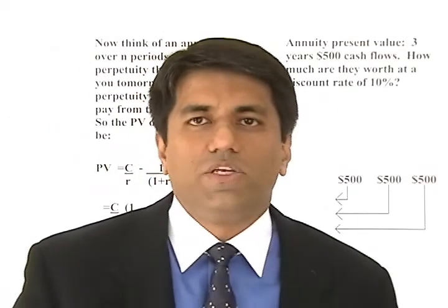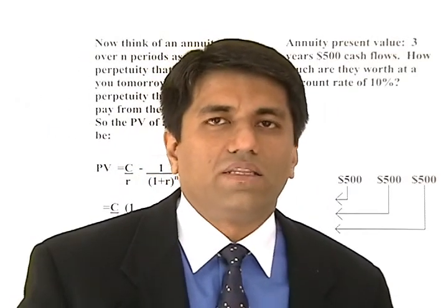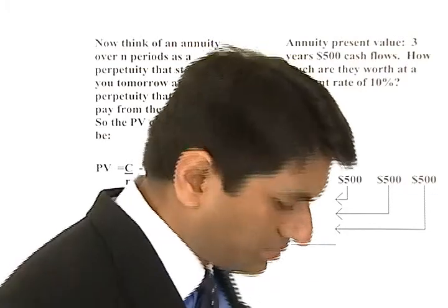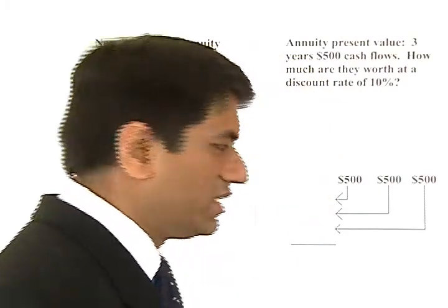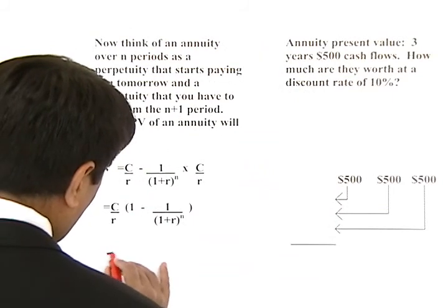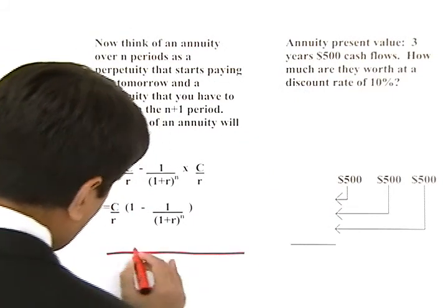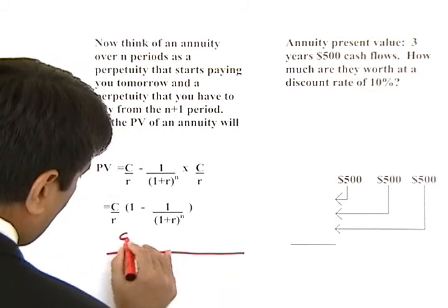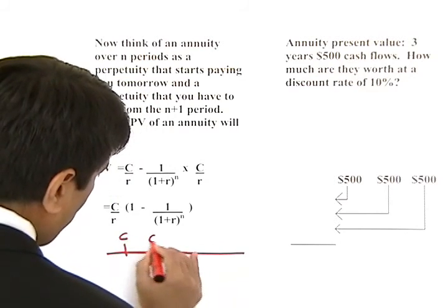We shall use the perpetuity formula to find the formula for an annuity. An annuity has a constant cash flow of C for n periods.